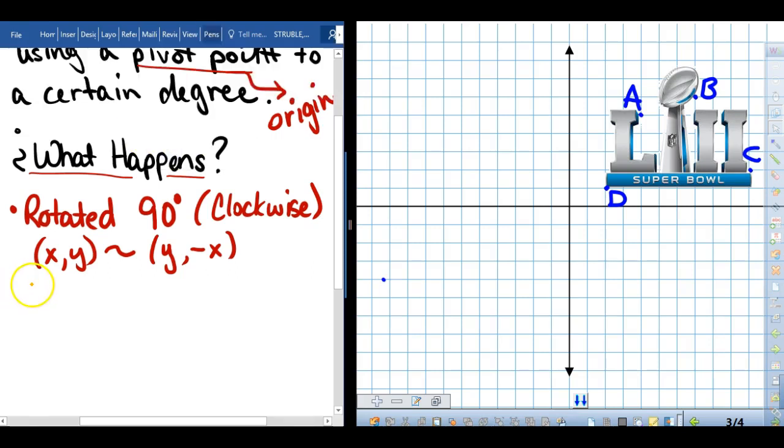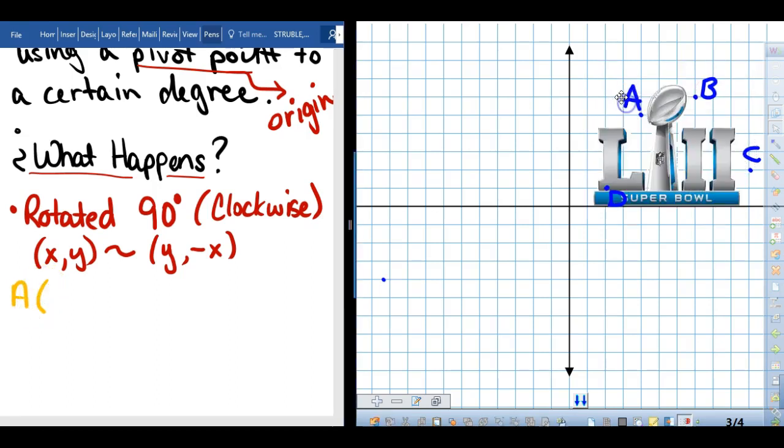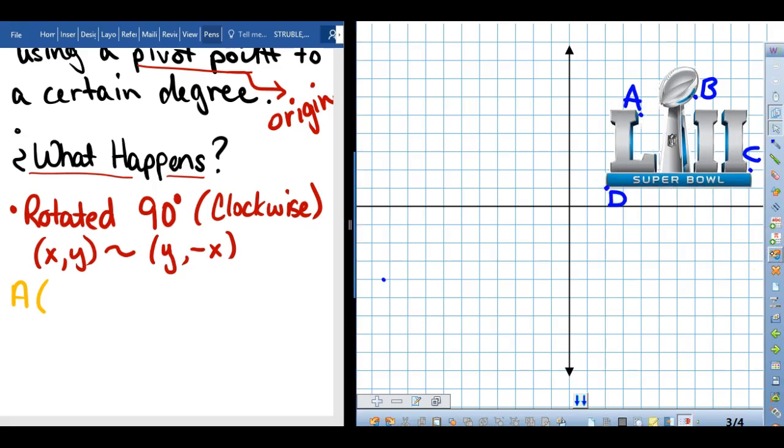Let's use a more solid, concrete example. So A over here in our Super Bowl figure, A is right there. That is at the point 1, 2, 3, 4, 1, 2, 3, 4, 5. Okay, that's at point 4, 5. So I'm going to come back over here, 4, 5.